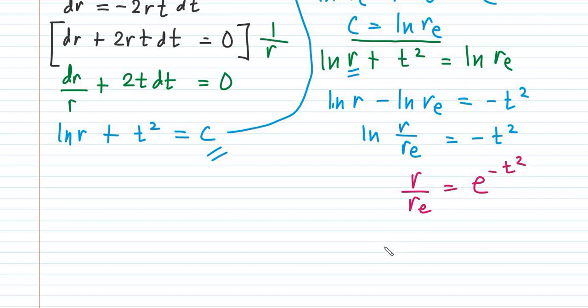Solving for r, as I've said, r is now equal to r sub e times e raised to negative t squared. So that is our particular solution for problem number 2.